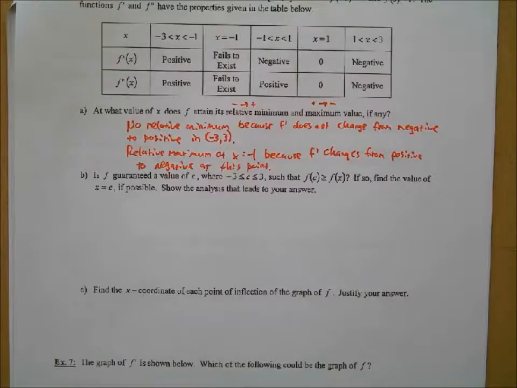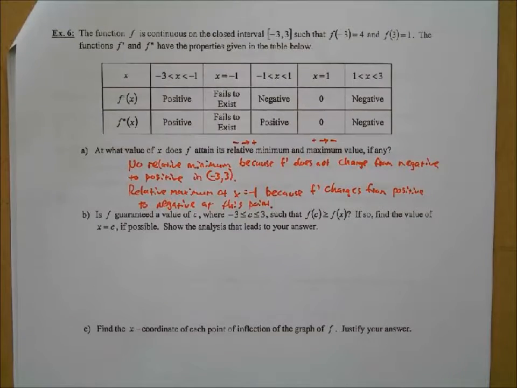Okay. All right, the next question. Is f guaranteed a value of c? Aha, so we're talking about trying to show that something must exist. Is f guaranteed a value of c where negative 3 less than or equal to c less than or equal to 3 such that f of c is greater than or equal to f of x for any other x value in that interval there?